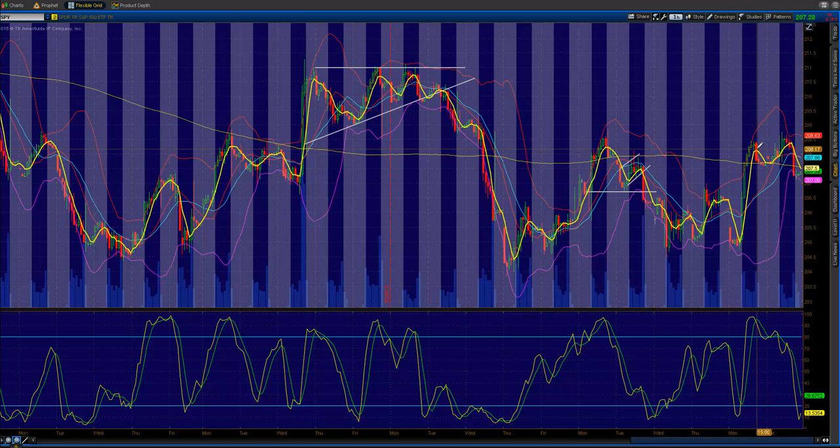And you could also find, let's see what else we could find here. We have a symmetrical triangle right here. So if I were to extend it. All right. So symmetrical triangle basically speaks for itself.